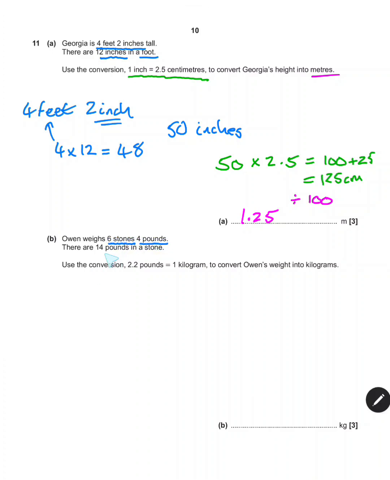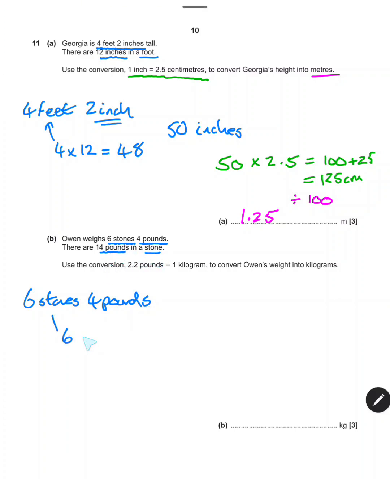Part B, we've got Owen who weighs 6 stones 4 pounds. And it says there are 14 pounds in a stone. So what I'm going to do straight away, just like above, is change Owen's weight into pounds only. So we've got 6 stones, 4 pounds. And every stone is 14 pounds.